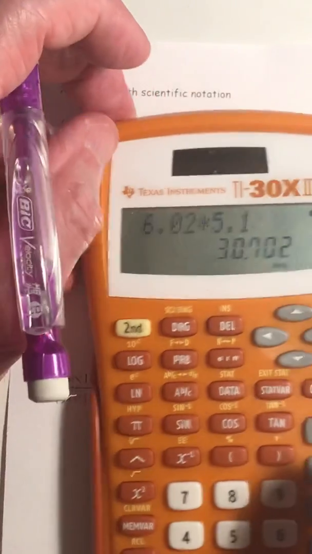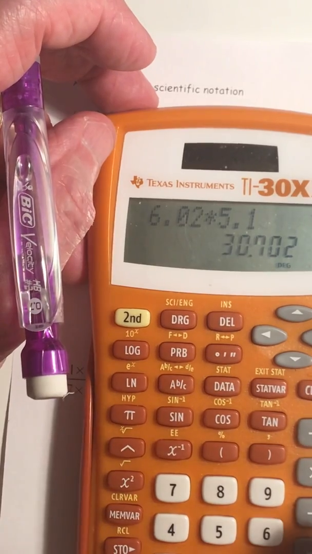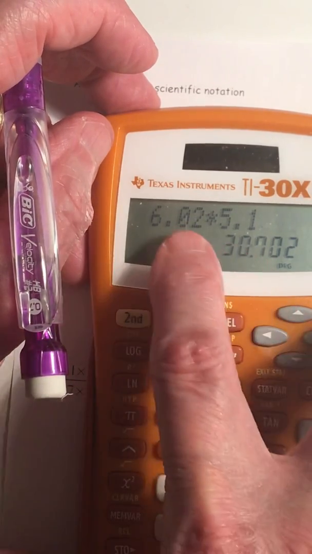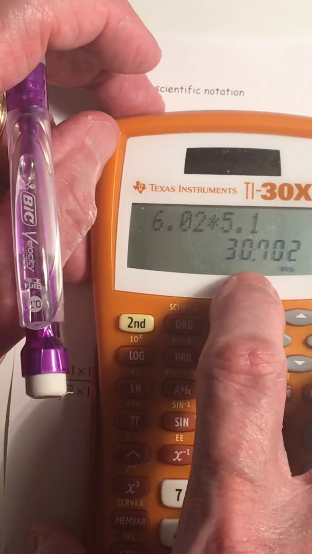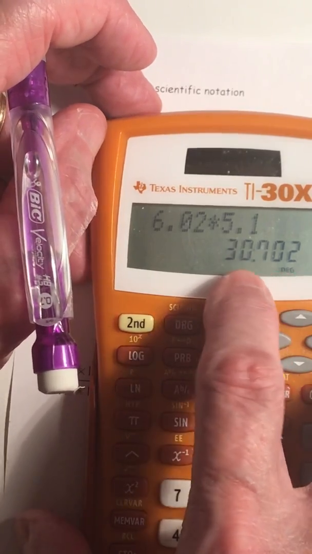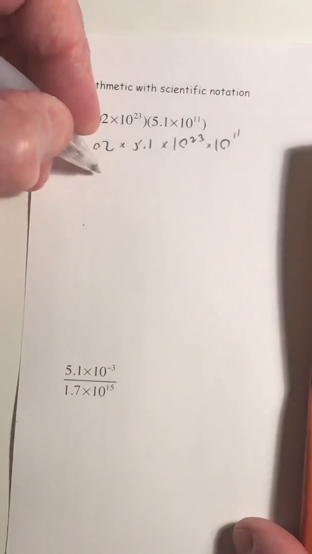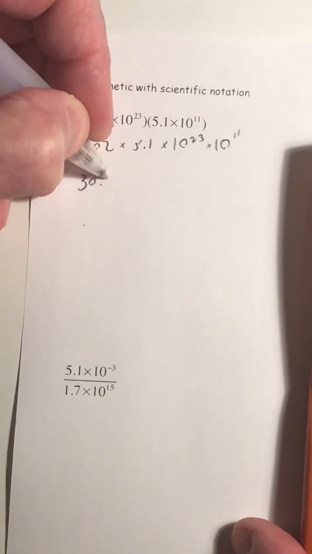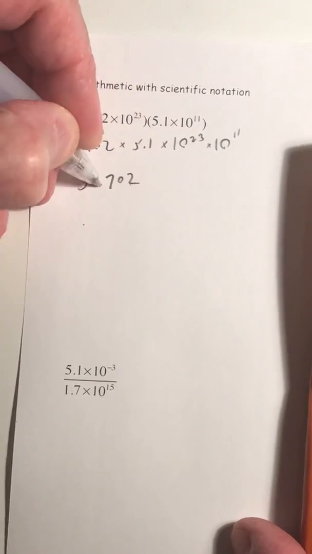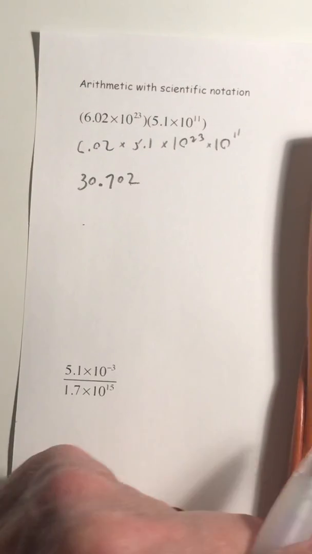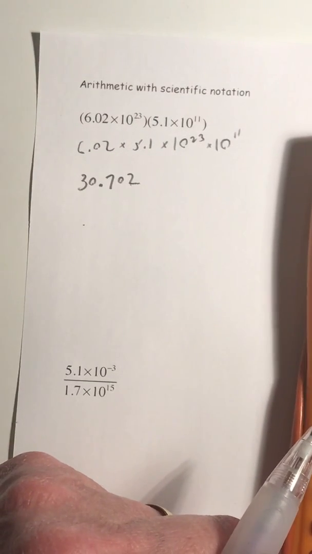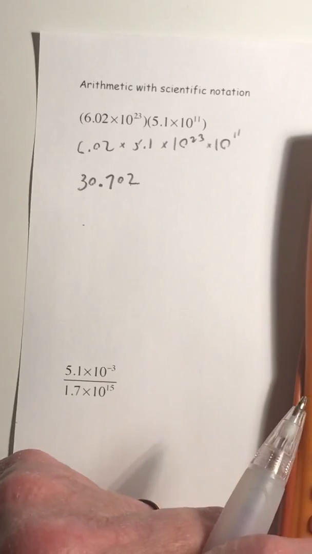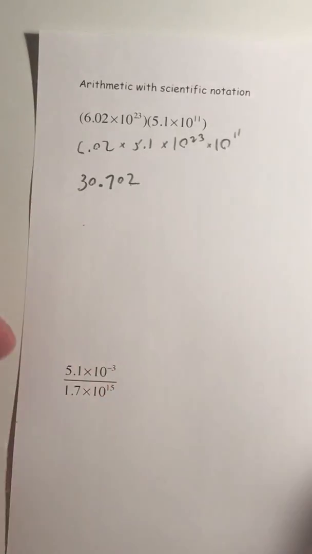There we go. So 6.02 times 5.1, the ordinary decimal format, 30.702. Let me try that one more time. 6.02 times 5.1, yeah, 30.702.